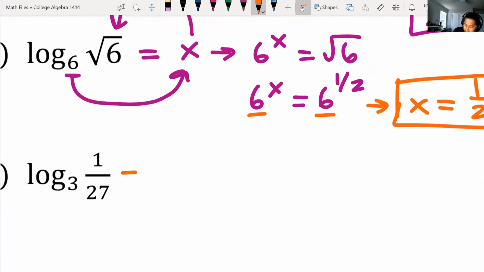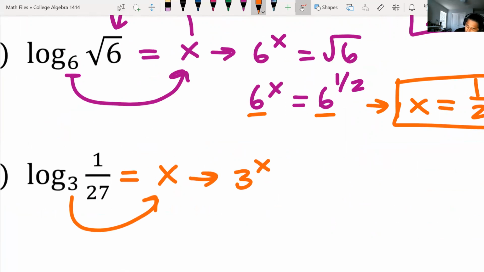Log base 3 of 1/27 equals x. Rewrite: 3 to the x equals 1/27. Okay, so lucky for us, 27 can be turned into a base of 3.